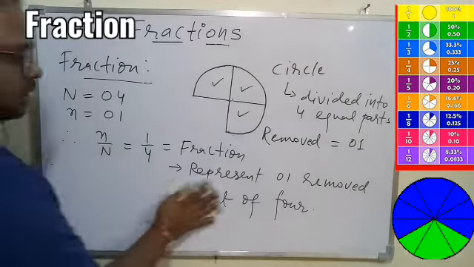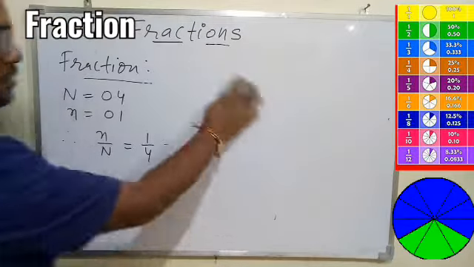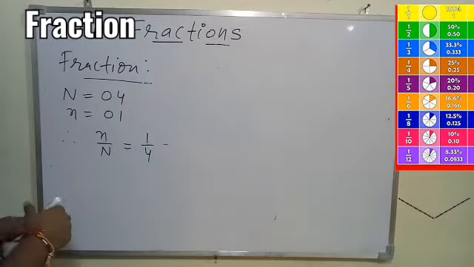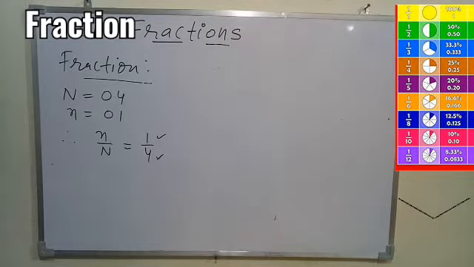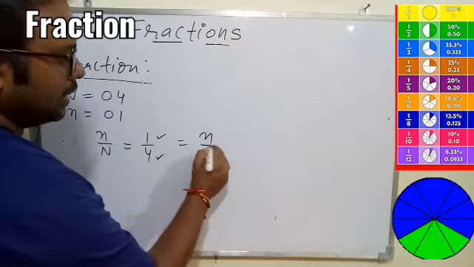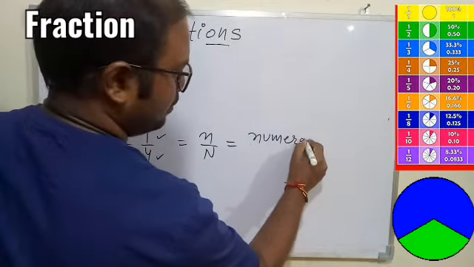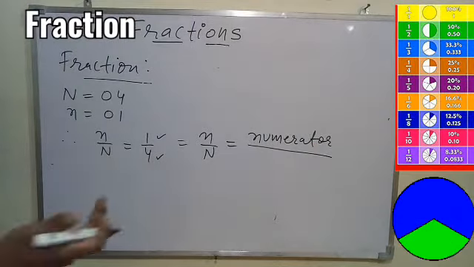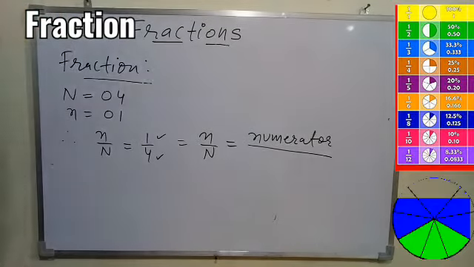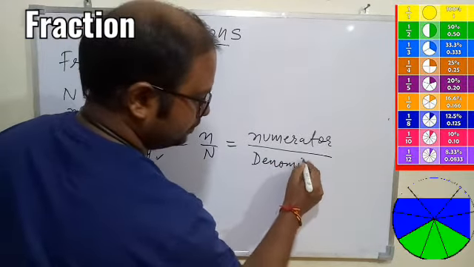Okay, so in any kind of fraction, we see two different numbers. Here we see number 1 and number 2 is 4. In general, small n by capital N, the small n at the top is given the name numerator, which is the part of the total parts, and the number at the bottom is called the denominator.